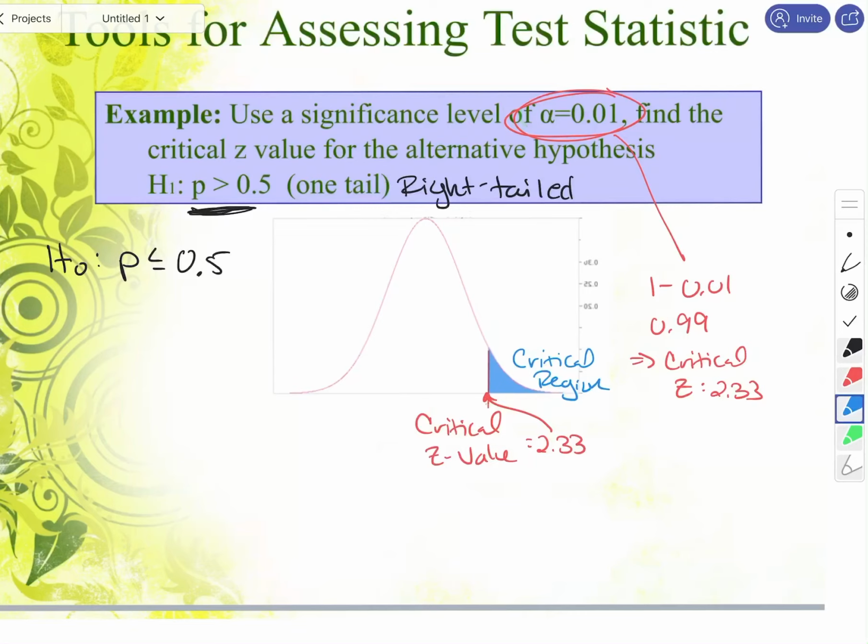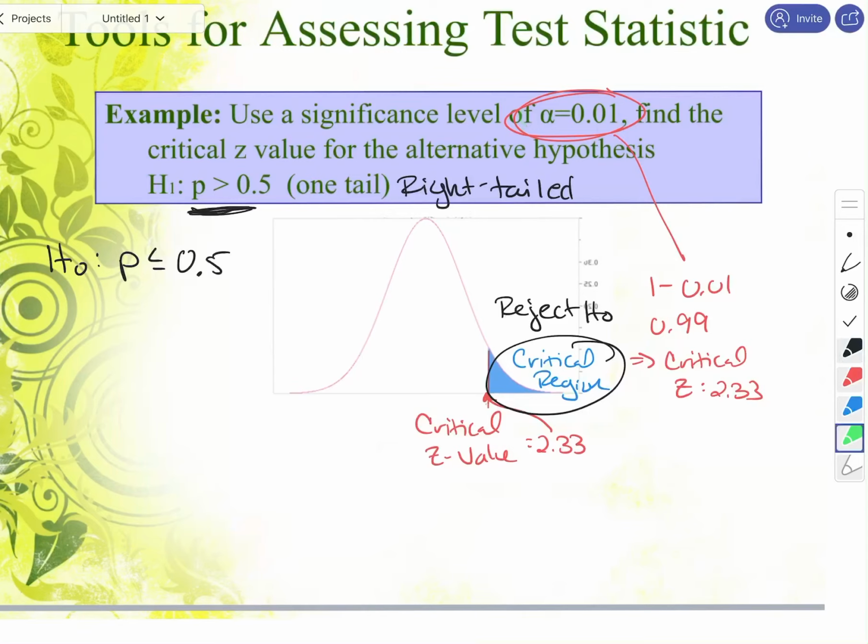So here's what's going to be happening. For the rest of this section, we're going to be figuring out whether or not our data, which will tell us our test statistic, puts us in the critical region. If we're in the critical region, we are going to reject the null hypothesis.